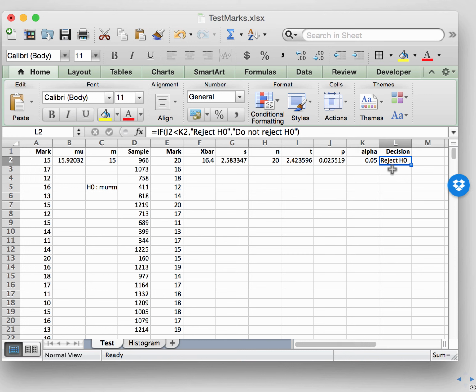That's the correct decision. And there's another rejection. Each time we draw another sample, we're getting another decision. In this case, the x bar is up to 16.6, and that's far enough above the null value of 15 that we're rejecting the null hypothesis. So we've rejected, what are we up to now, 3 I think, out of maybe 6 or 7 that we've drawn.